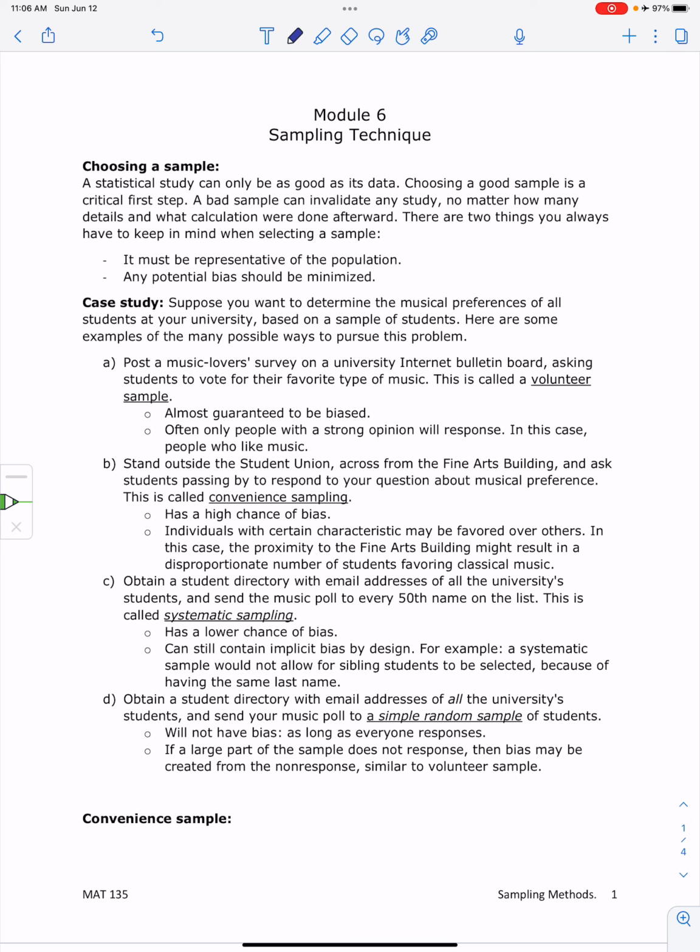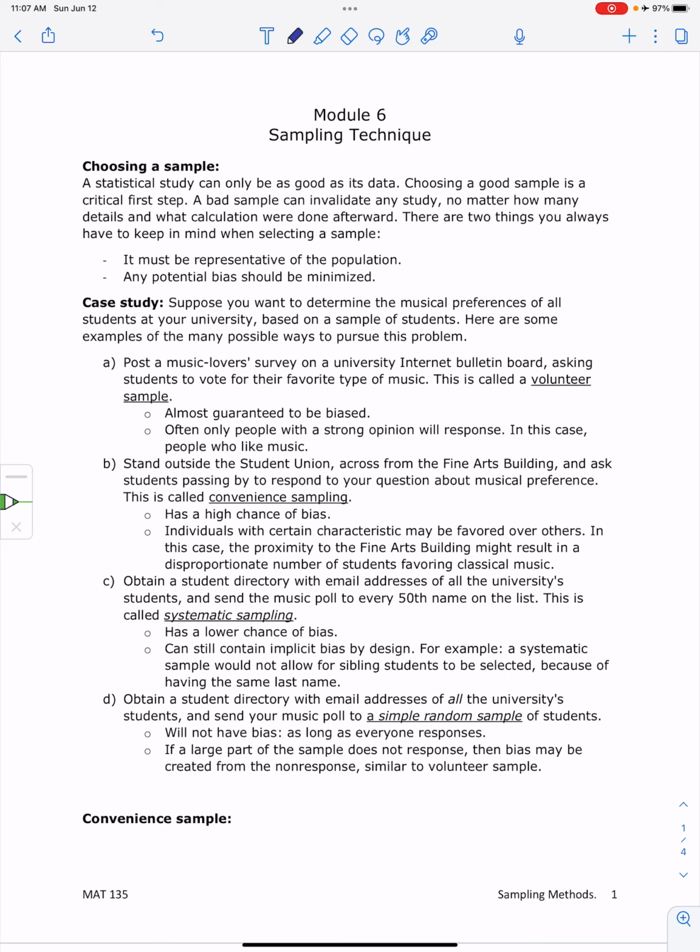Whenever we want to do a study, typically it is not cost effective and not reasonable to figure that we can interview or sample or collect data from every single member of a population. So we choose a sample that is representative of the population, or as representative as we can get it.